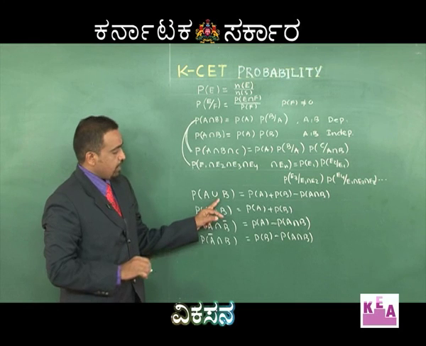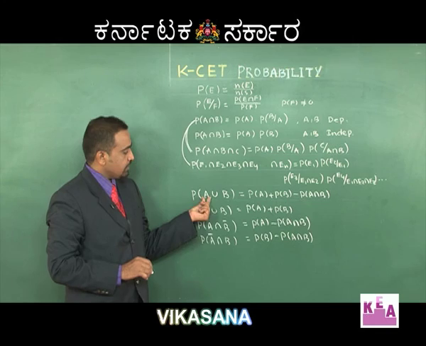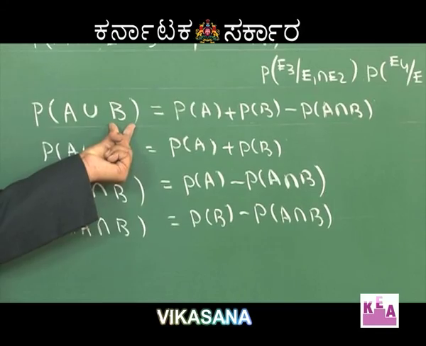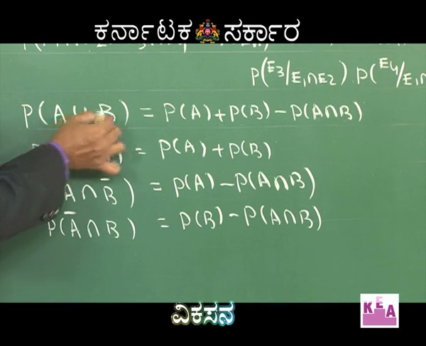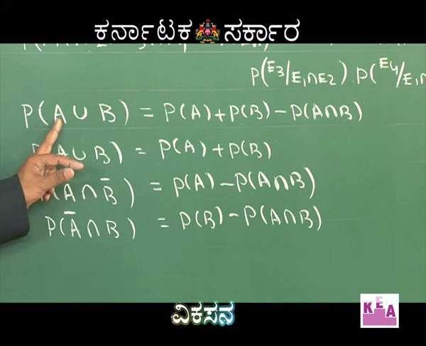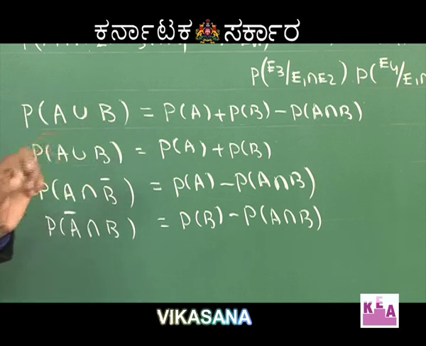Next, the addition theorem. The event of happening of either A or B or at least one is represented by A union B; the meanings are the same.